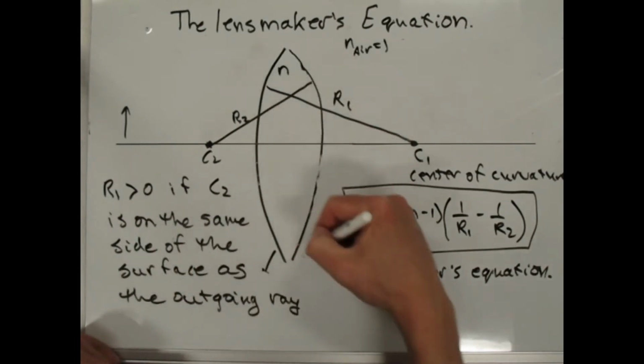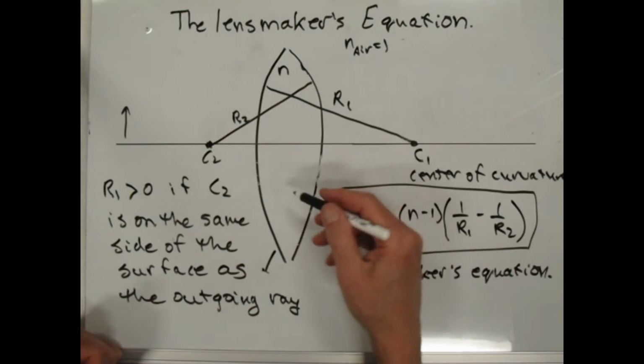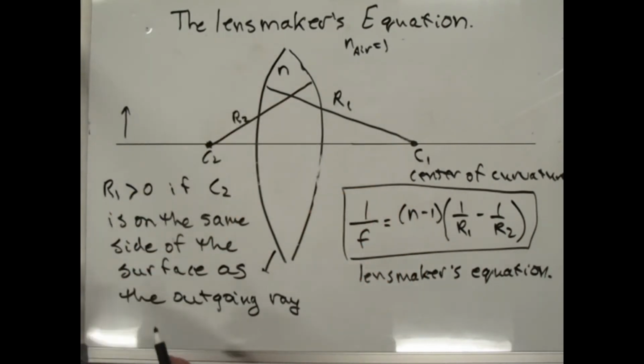So the radius of curvature just depends on how big a circle that is. And so that's just a property of the curvature of that circle, right?